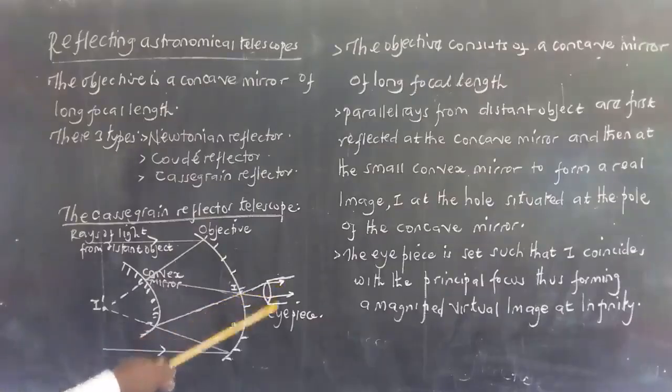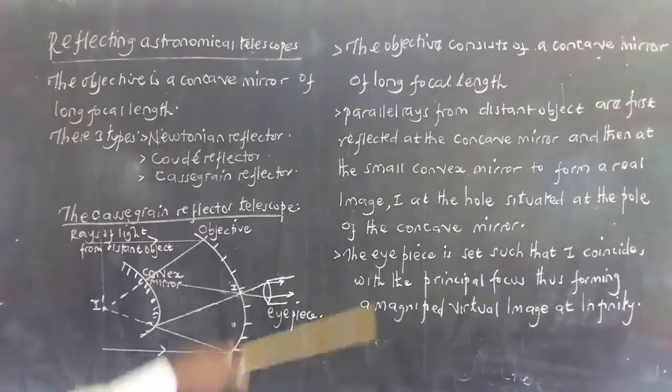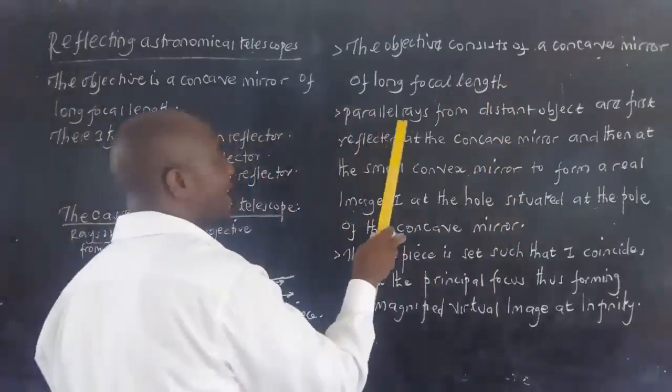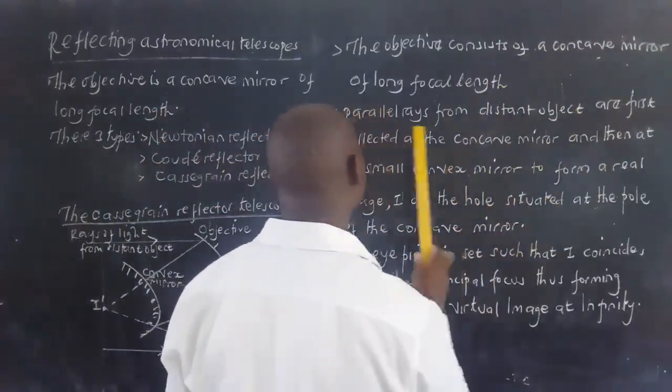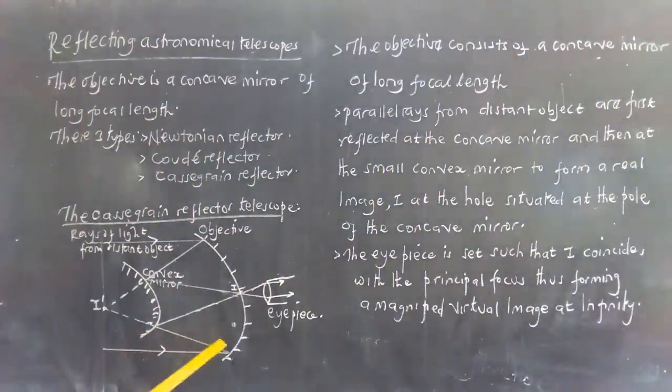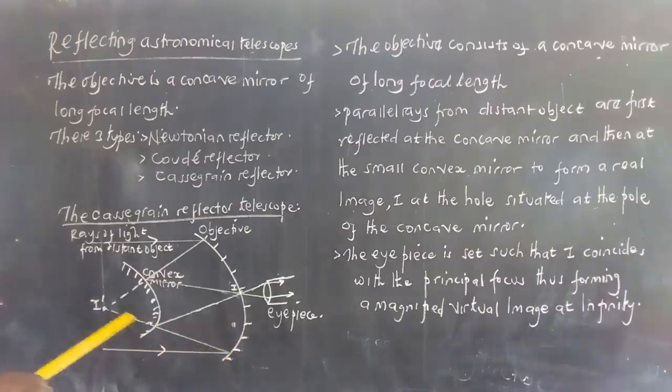So the final image is formed at infinity. The objective consists of a concave mirror of long focal length. Parallel rays from a distant object are first reflected at the concave mirror, forming an image I prime. This image formed by the concave mirror acts as an object for the convex mirror.